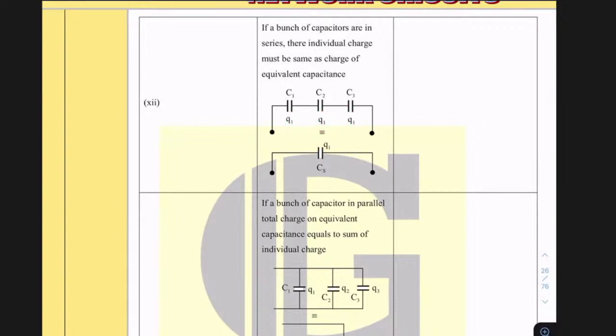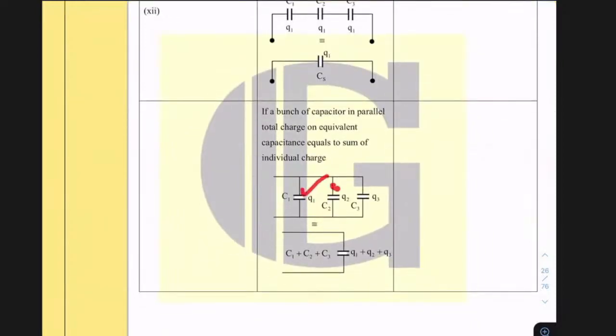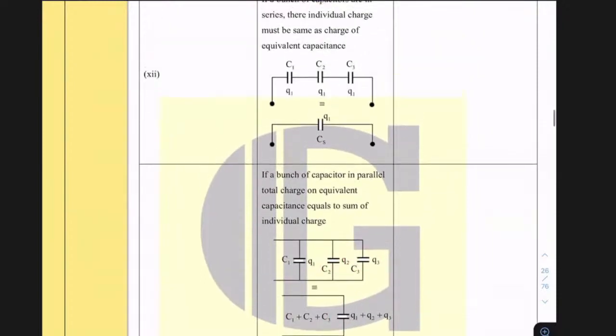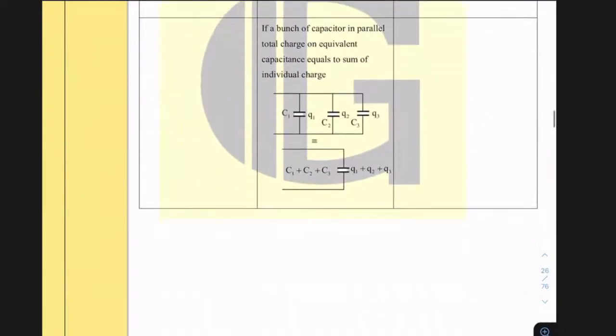But in parallel there is no such constraint, and it can be Q1, Q2 and Q3. Whenever capacitors are in parallel, the total charge stored is the sum of the individual charges, so Q1 plus Q2 plus Q3. But if all capacitors carry Q1 each, the total charge stored in the equivalent capacitance is still Q1. Don't say it is Q1 plus Q1 plus Q1. This is important.